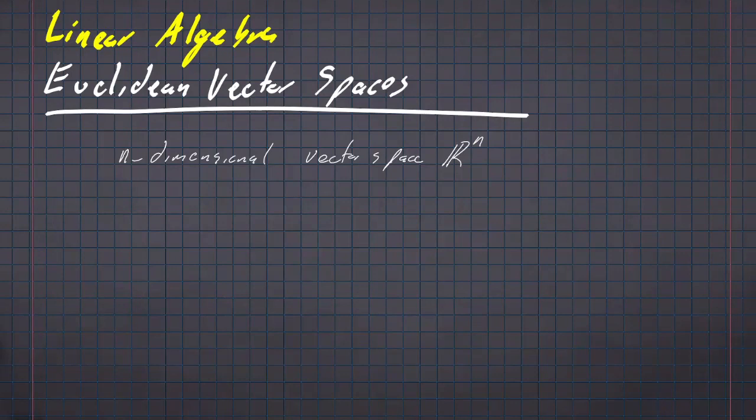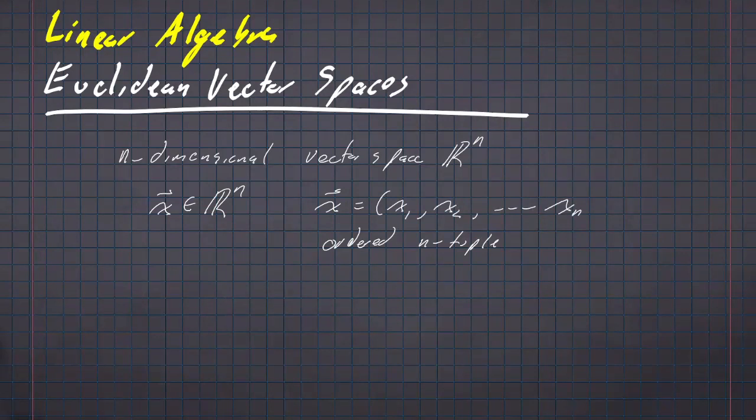You can think of an element in Rn, vector x is in Rn, means that we can write vector x as the ordered n-tuple, x1, x2, all the way down to xn.